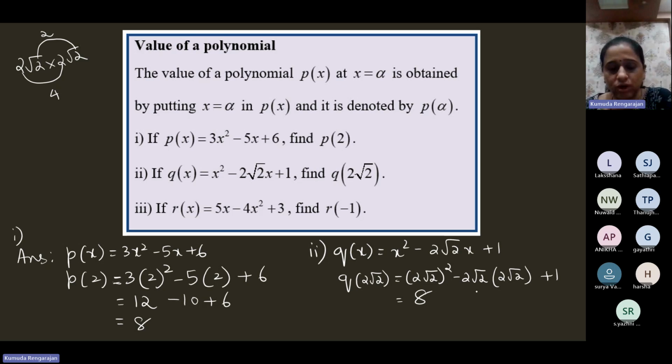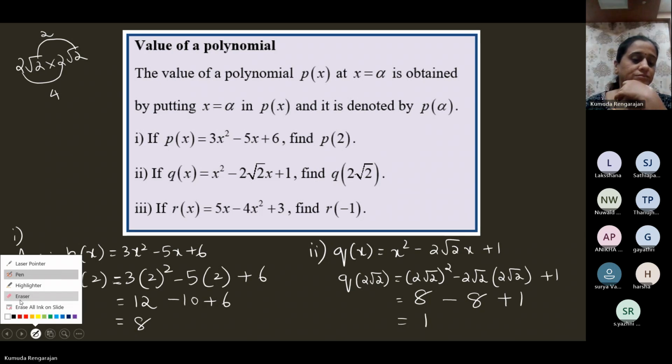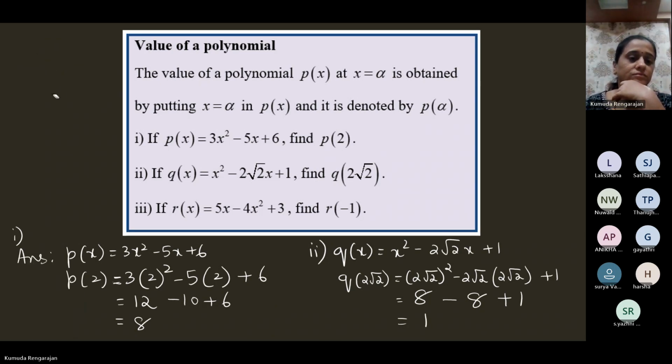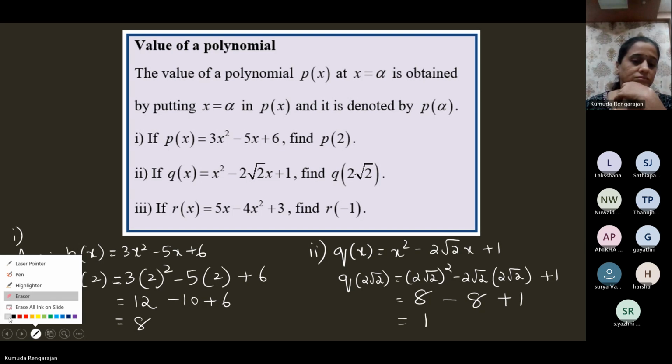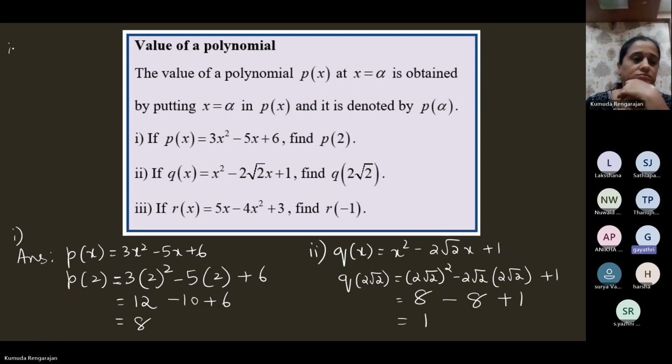Root 2 into root 2 is 2 and 4 2s are 8. Minus, same thing here, 2 root 2 into 2 root 2. 8 plus 1. So the answer is 1. Q of 2 root 2 is 1. Finished? Yes, miss. Very good. Complete the third one.